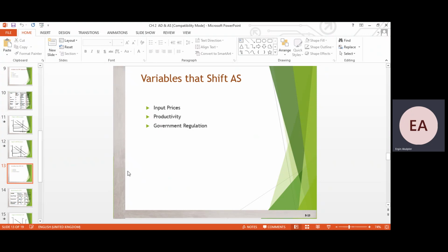The productivity is also affected, and changes the aggregate supply. Aggregate supply is affected by productivity, because as much as you become productive, the aggregate amount of the production operation process becomes effectively high.